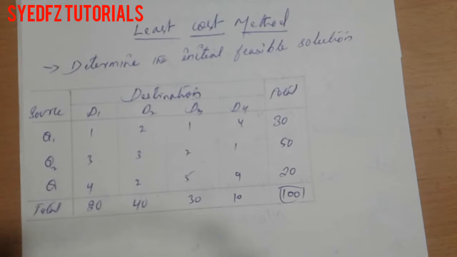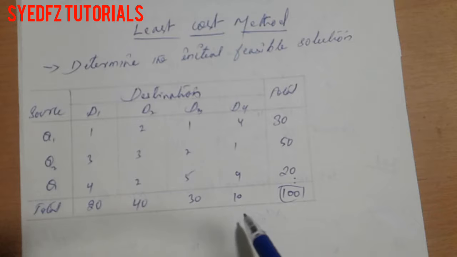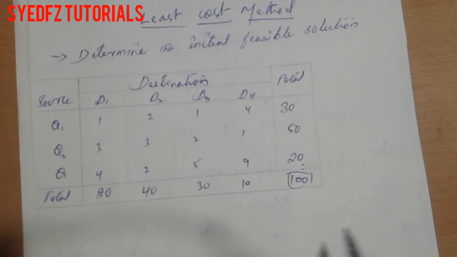If it is imbalanced, if demand is less, add one column. If we get less in supply, add one row. Now it is a balanced matrix.